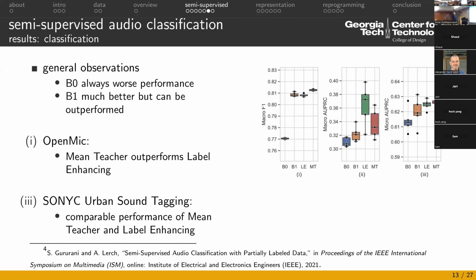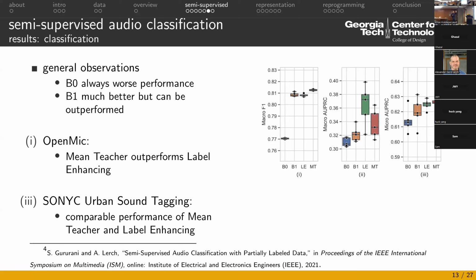So what you see here for the micro accuracy is that the results kind of follow the same trend that I described for the OpenMic dataset. For the macro accuracy, which is the averaging over the class rather than over the observations, we actually see that the standard teacher-student approach actually seems to perform very well.